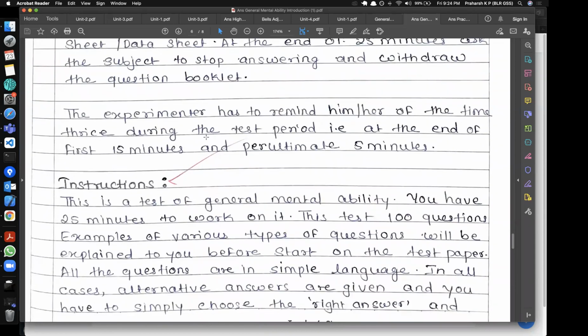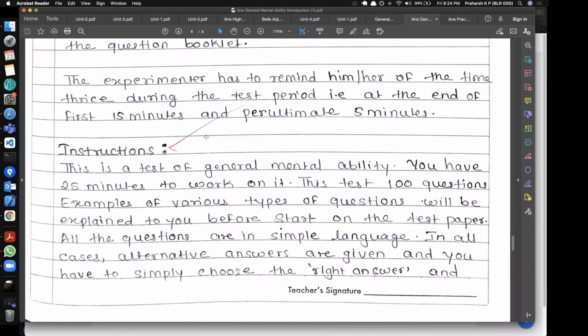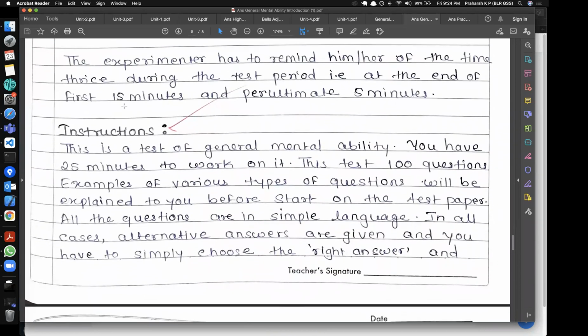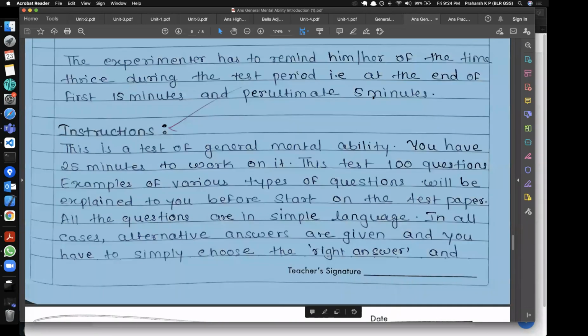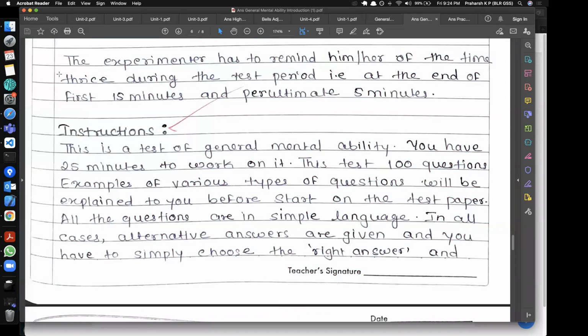The experimenter has to remind him or her of the time thrice during the test period, that is at the end of first 15 minutes and penultimate 5 minutes. So 15 minutes, 20 minutes, and that's it. Two times. Where are the 3 times?